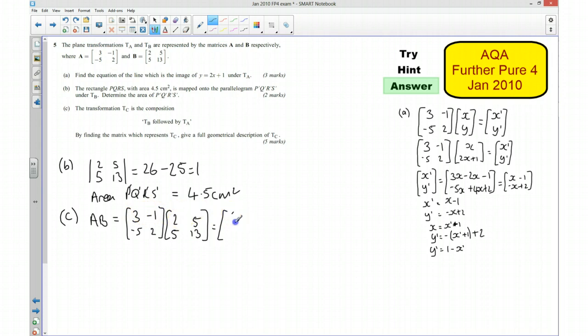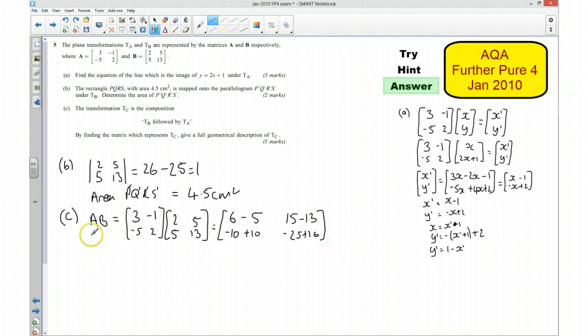We're going to have 6 take away 5, which will be the top left hand component, and then I'm going to do row 1 times column 2, so it's 15 take away 13, and then I've got row 2 times column 1, so that's going to be negative 10 plus 10, and then I've got row 2 times column 2, so it's negative 25 plus 26.